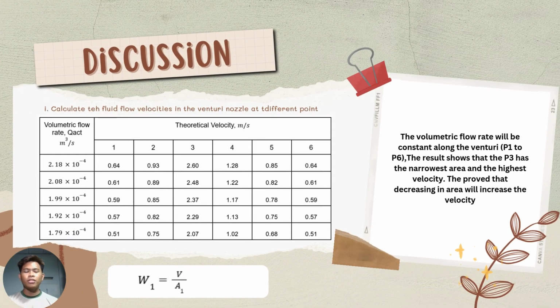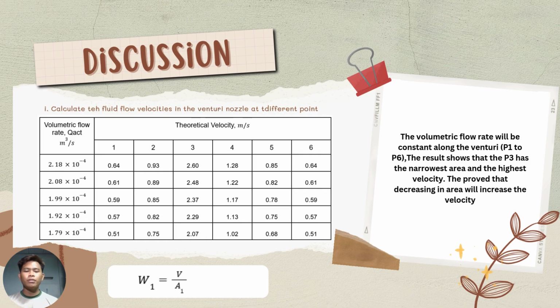For the discussion, first of all, we need to calculate the fluid flow velocity in the venturi nozzle at the different points. As we know, we want to find a theoretical velocity, so we need to use the formula W equal to V over A. W is the velocity, V equal to flow rate, and A equal to the area.